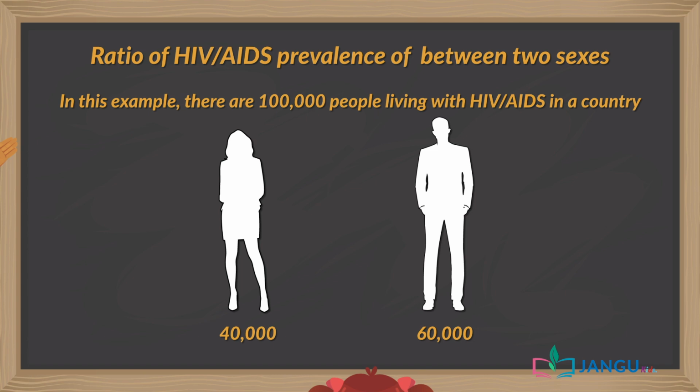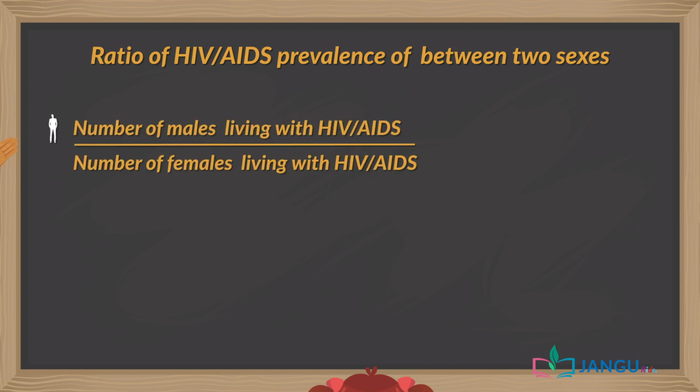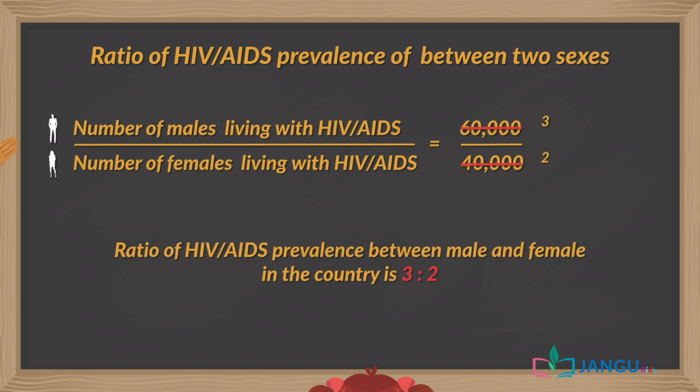To find the ratio of HIV AIDS prevalence between the two sexes, we divide the number of males living with HIV by the number of females living with HIV AIDS, which is 60,000 divided by 40,000, and that can be simplified to 3 over 2. Therefore, the ratio of HIV AIDS prevalence between the two sexes is 3 to 2, depending on which sex comes first.